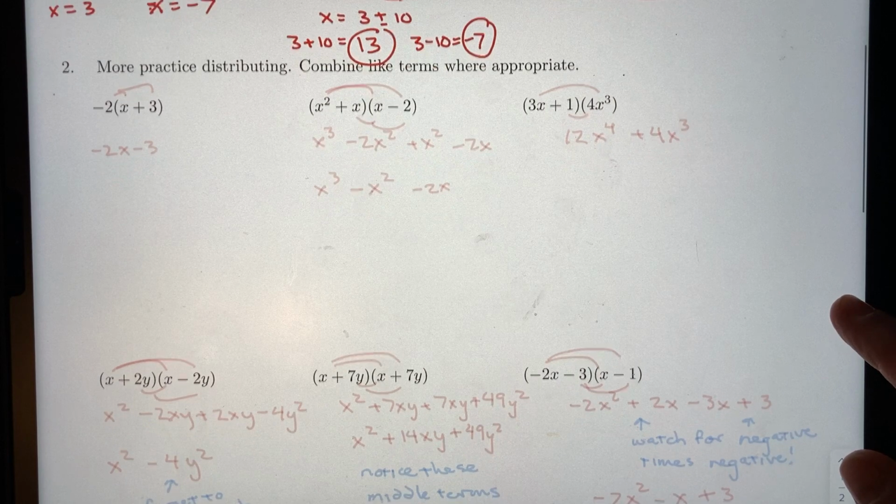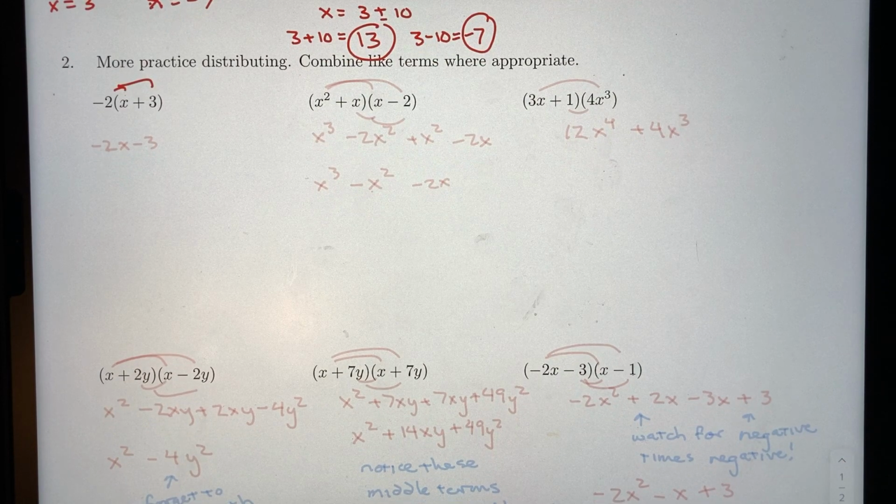Okay, a little more practice distributing. No like terms there. Minus 2 and plus 1 of my bananas is negative 1 banana.